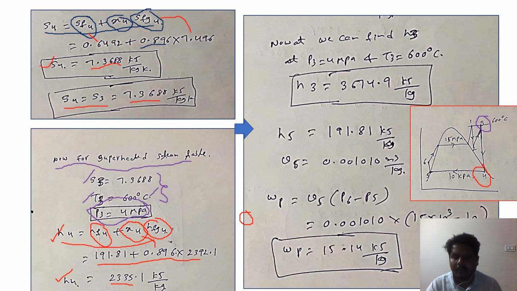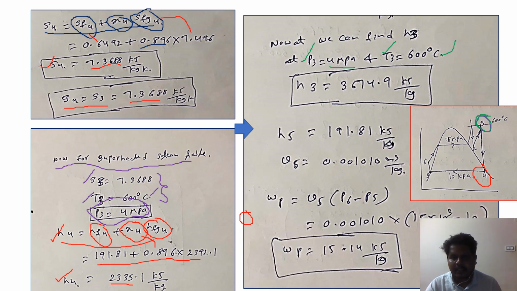Now let us find the enthalpy value at point 3. Since the point 3 is in the superheated region, here we have to refer to the superheated steam table. At point 3 the pressure is 4 megapascal, which we just took from the steam table, and the temperature T3 is 600 degrees centigrade, which is already given in the problem.